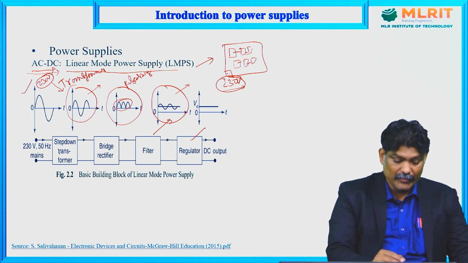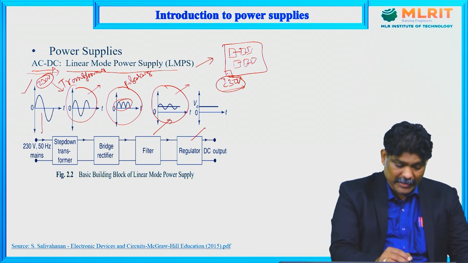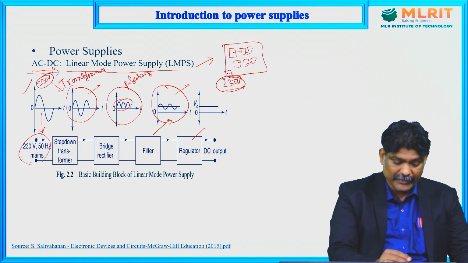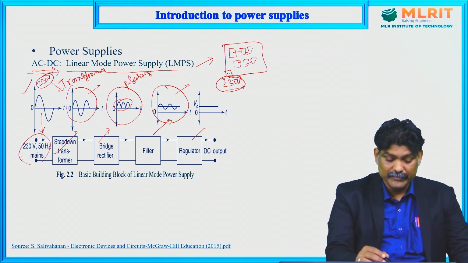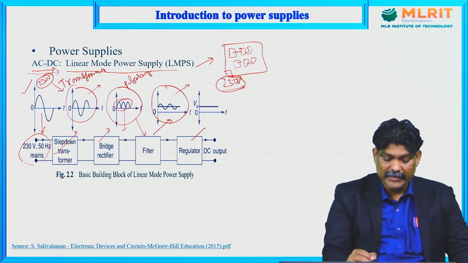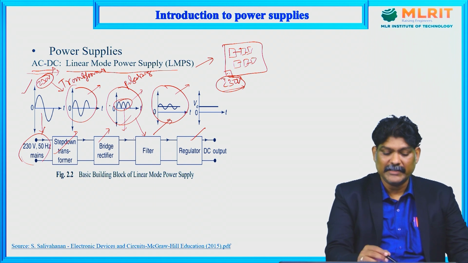So the input, 230 volts 50 hertz, is applied to a step down transformer, and then we use a bridge rectifier. The bridge rectifier gives the pulsating DC, which is applied to a filter, and this filter removes the ripples from the pulsating DC.